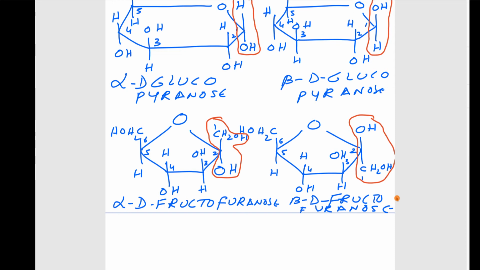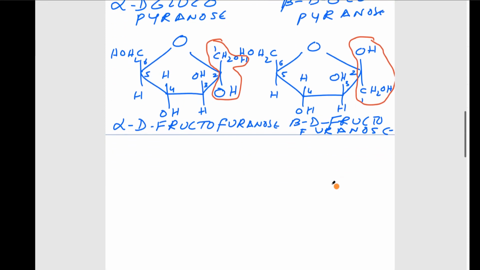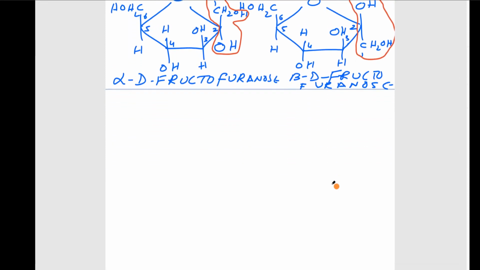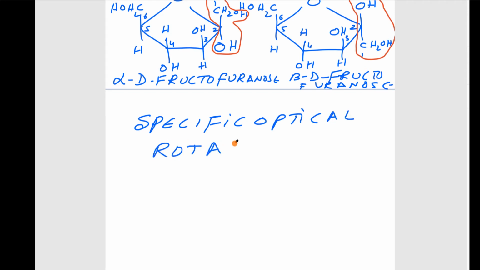Now, let us talk about the specific optical rotation. The specific optical rotation of one anomer is different from the other anomer. It is represented like this.